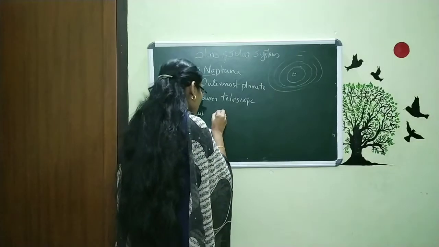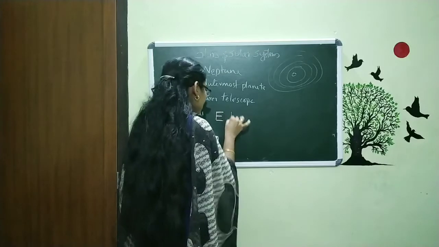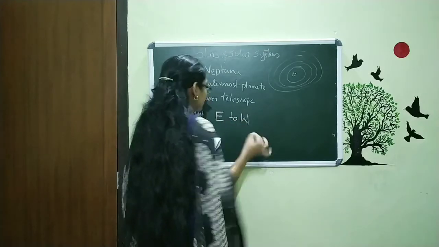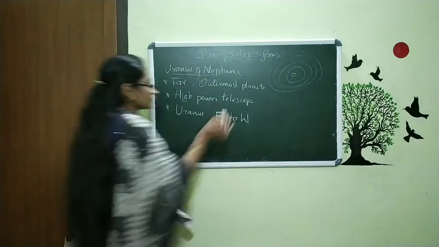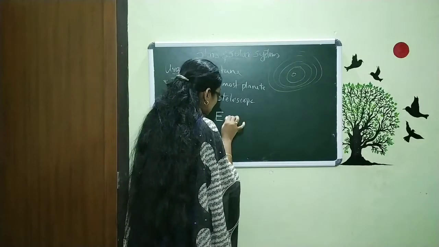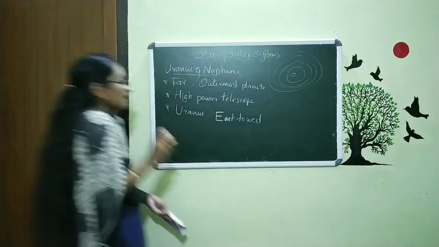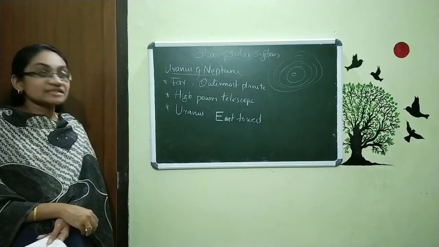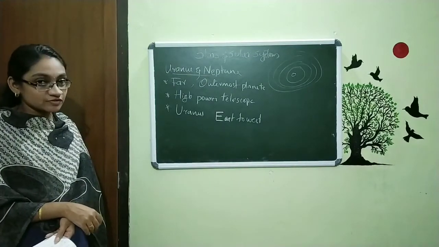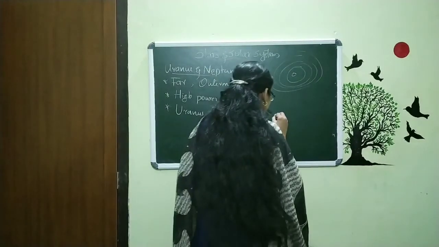Its rotation is from east to west. In the last session, I already said that one planet also rotates from east to west. Which is that? We said it is Venus.